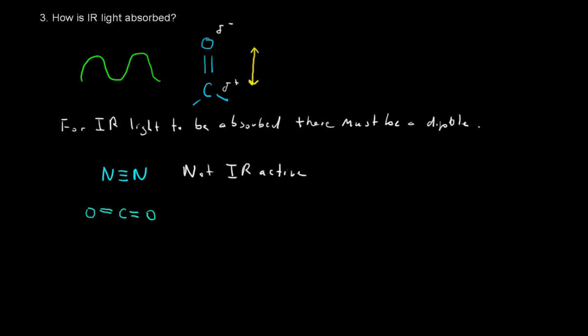Now it turns out that there's an asymmetric coupled mode here. When both of these oxygens push inward and then go back outward, that's a symmetric vibrational mode. That's not IR active. However, there's also an asymmetric mode present, where both of the oxygens are vibrating in the same direction. If both are going out in this direction, that's an asymmetric mode, and that is IR active. So carbon dioxide you can see in an infrared spectrum.